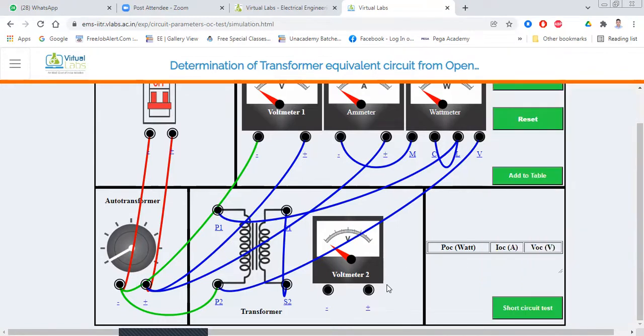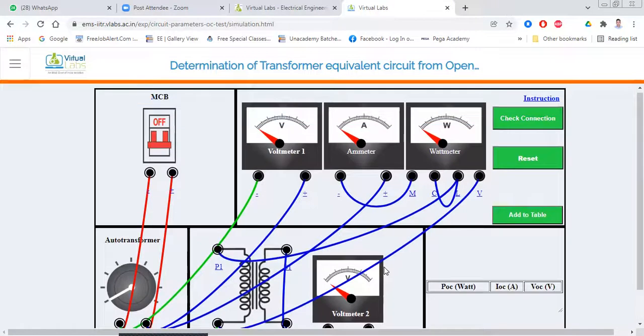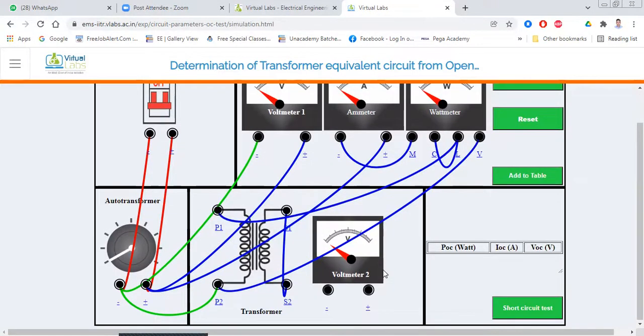The connection is okay, but I think they did not give the simulation for the short circuit test.